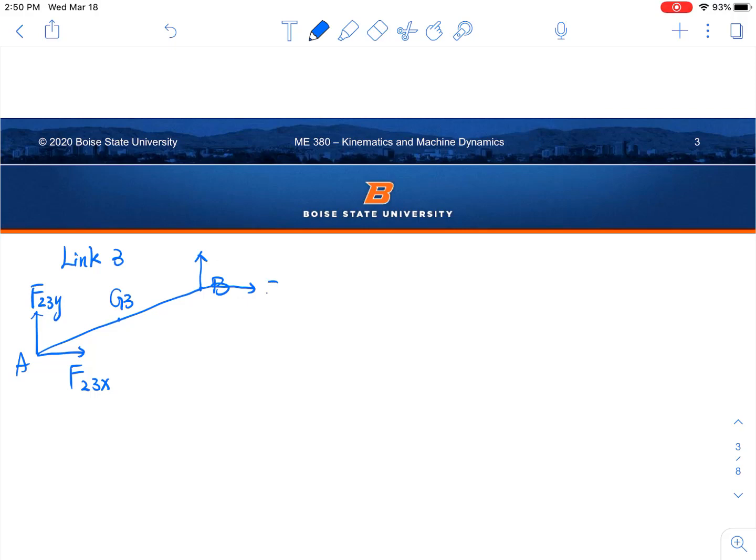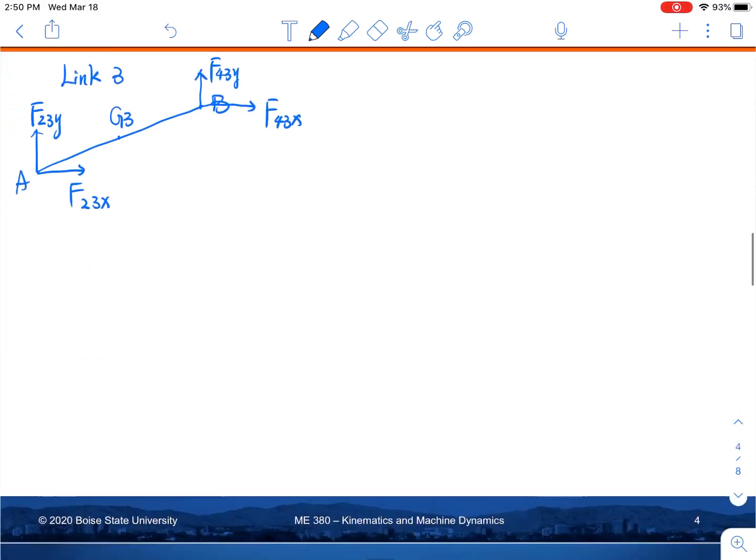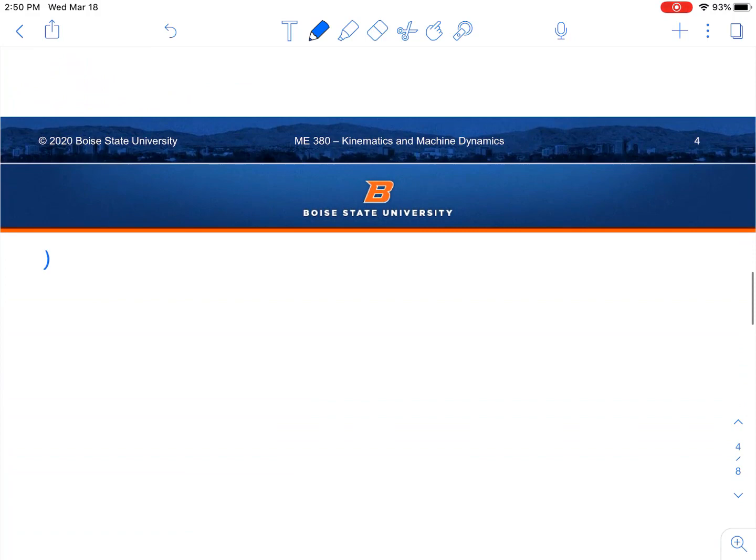Same thing here: the force is applied by the slider, which is number 4, on number 3, F43x horizontal, F43y vertical. These subscripts are extremely important in your force analysis. If you mess up the subscripts, you're going to have a wrong solution for sure. There's no torque applied to this link because there's no motor attached to it. So that's link number 3. We also have the last link, which is a block, link number 4.